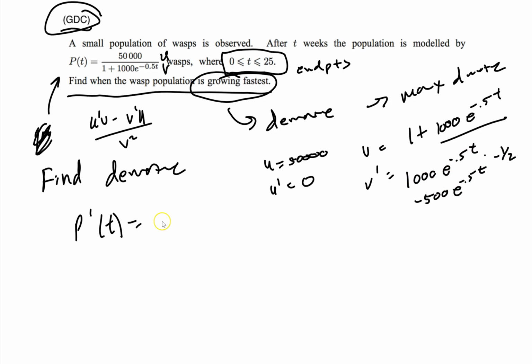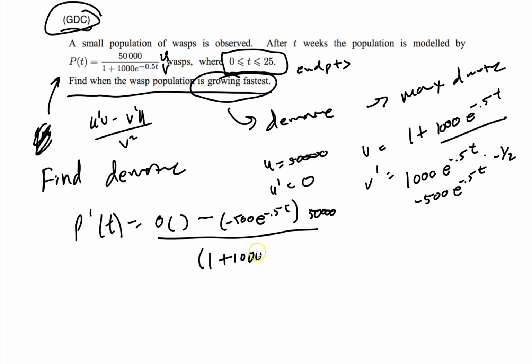So if you use the formula, u prime is going to be 0 times that top, but it doesn't matter because 0 wins, 0 always wins, minus the derivative of the bottom, which is negative 500 e to the negative 0.5t times the top, 50,000, all over the bottom squared. And this is where it's like disgusting.